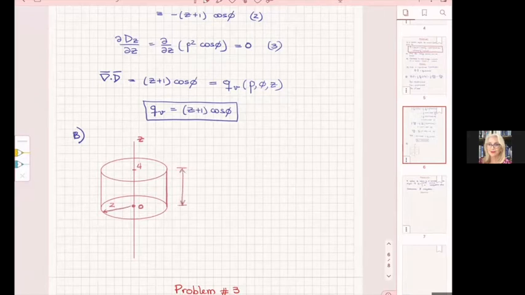We want to find out how much is the charge in there. So to do that, we will have to integrate in the volume. So we will have to find the volume.